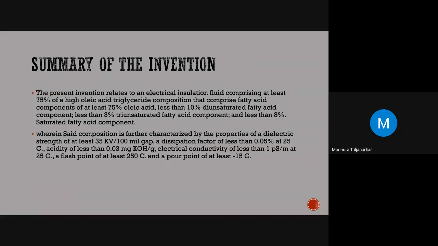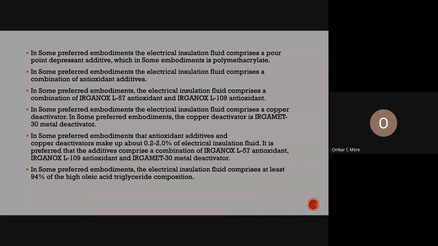Here you can read what characteristics are required to build the particular insulation oil. Some common points are chemical properties of 35 kilovolts per 100 milligap, then dissipation factor, then the constituents, oleic acid, diunsaturated fatty acid, etc. So this is the main slide.